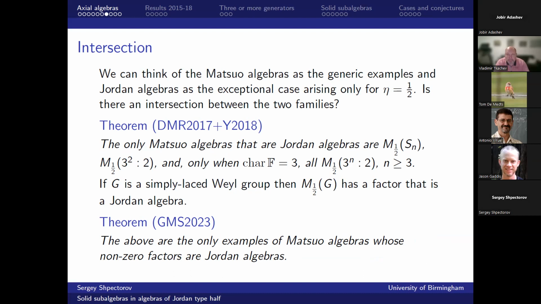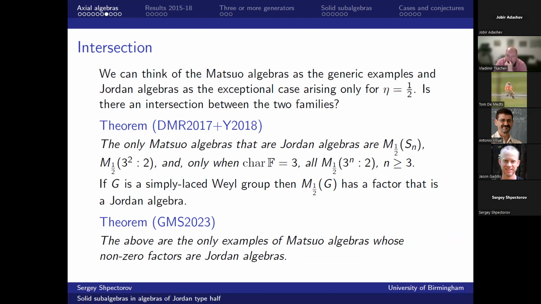There is a theorem due to Tom and Felix Rehren from 2017, they determined all the Matsuo algebras which are Jordan, and these are the algebras for S_n.